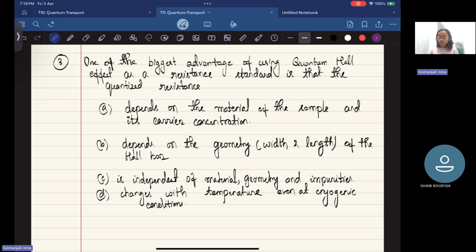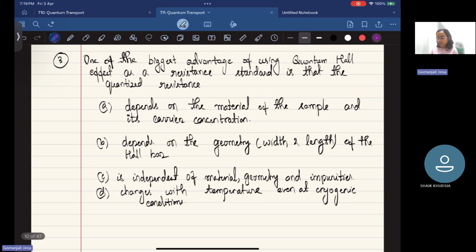It says one of the biggest advantages of using quantum Hall effect as a resistance standard is that the quantized resistance. Option A, the quantized resistance depends on the material of the sample and its carrier concentration. Option B, it depends on the geometry, width and length of the Hall bar.